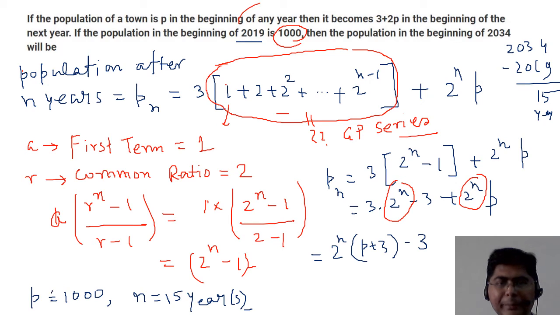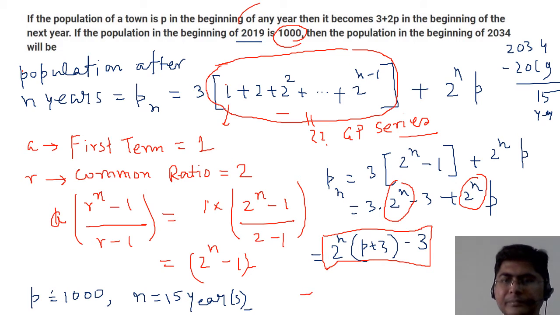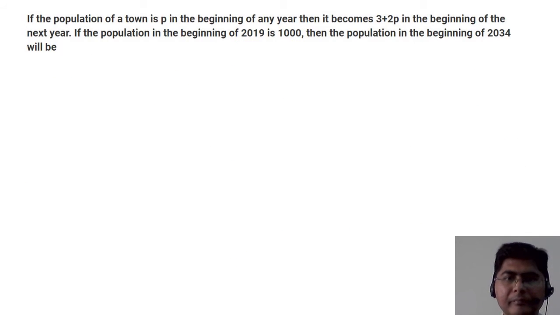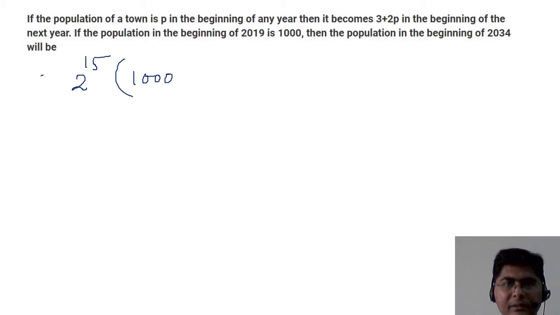Now putting the values P is equal to 1000 and N is equal to 15 in these equations, how much am I getting? 2 to the power 15 times P plus 3, which is 1000 plus 3, and then minus 3.